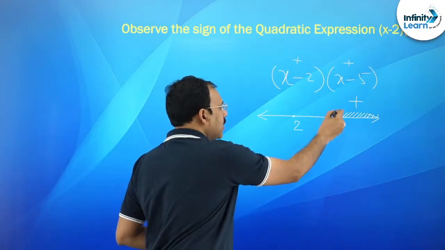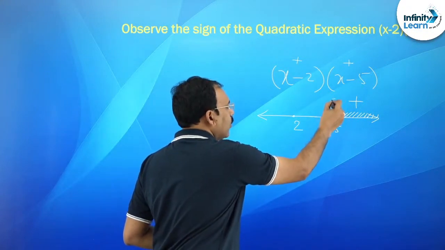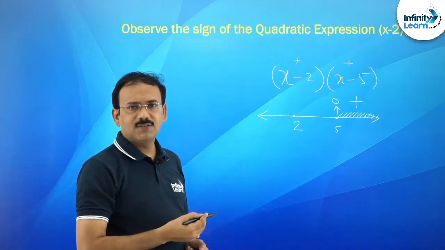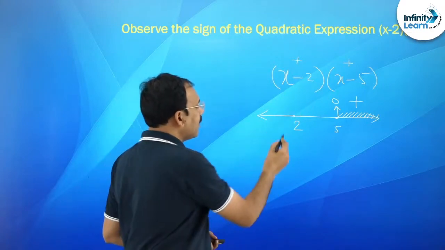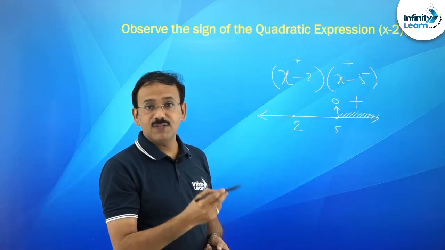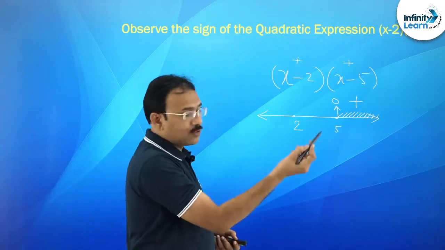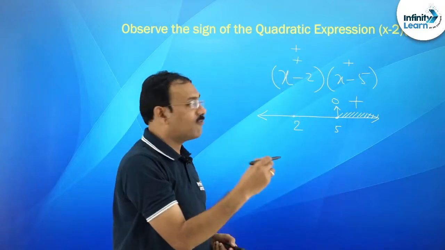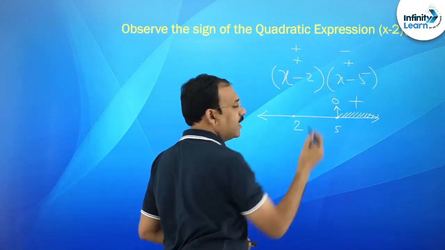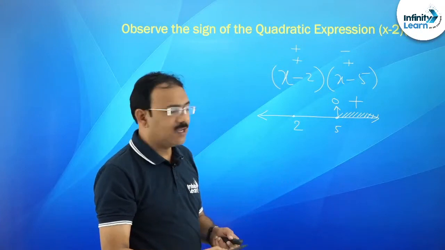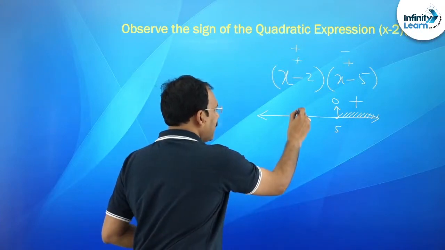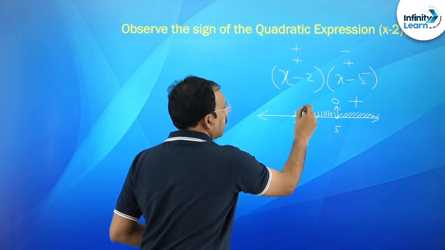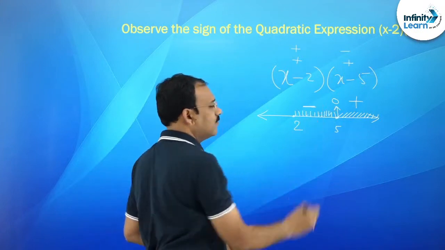If you substitute exactly 5, you get 0, because x minus 5 is 0. If you substitute any number between 2 and 5, x minus 2 will be positive, but x minus 5 will be negative, so the product will become negative. So for the numbers between 2 and 5, the expression is negative.